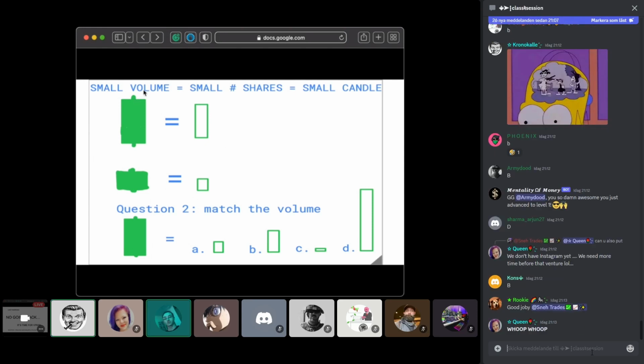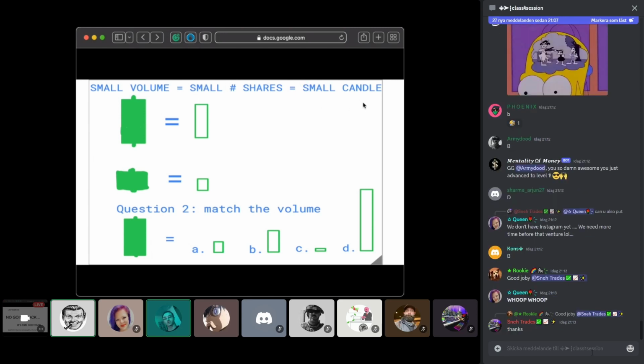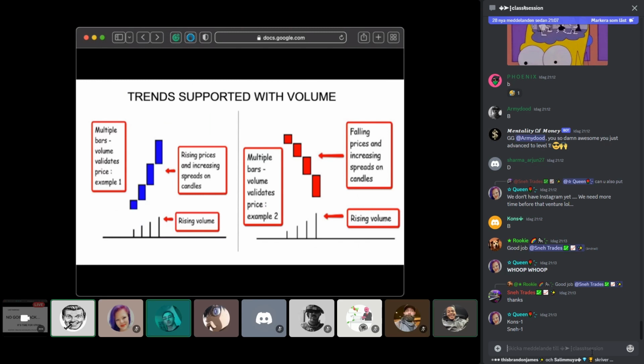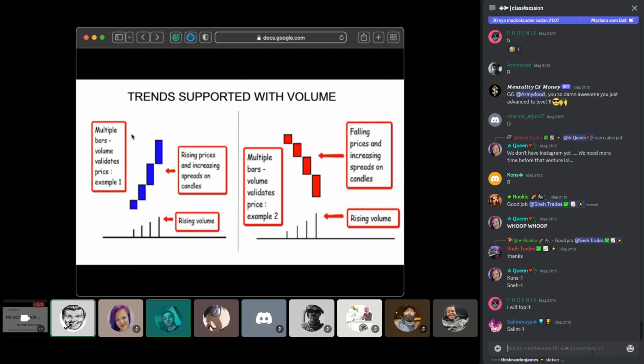So if there was a large volume, aka a large amount of shares traded, you would see a large candle. Kind of compare them, put them together, it makes them match. They do correlate. I'm just warning you, the next page is going to be another question at the bottom, so keep your eyes out if you're one of those people that likes to get ahead. Oh, not yet, my fault. It's coming up very soon.